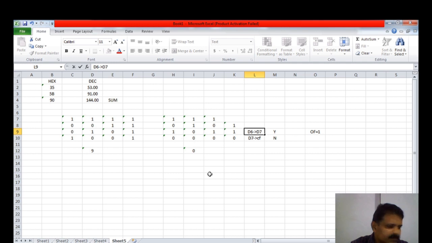Next, let us see another example: 35 hexadecimal and D3.